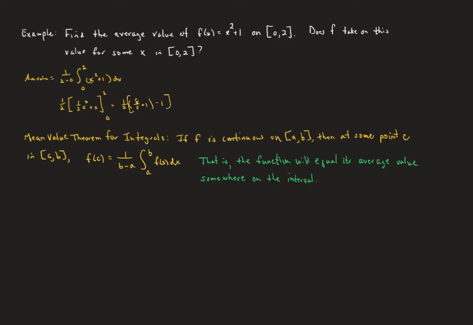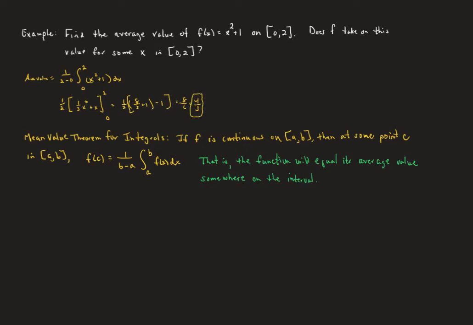So there's our value. We plugged in the 2 and we subtracted the 0. So that's going to be, I think, 8/6 or 4/3 if we believe in reducing. And so there's our average value of that function on that interval.